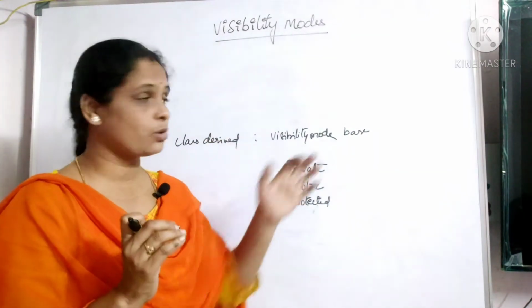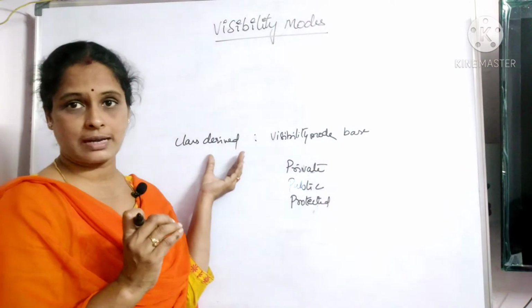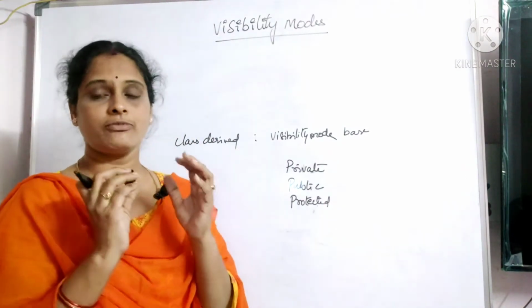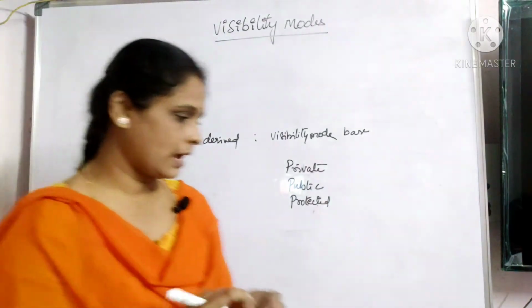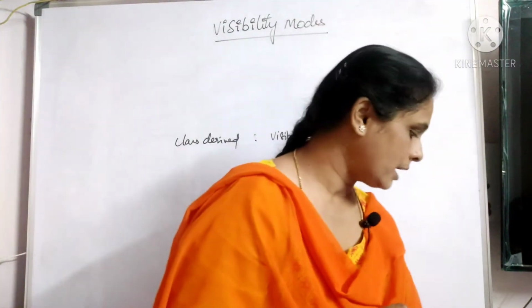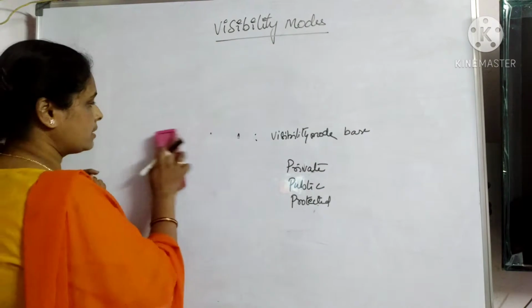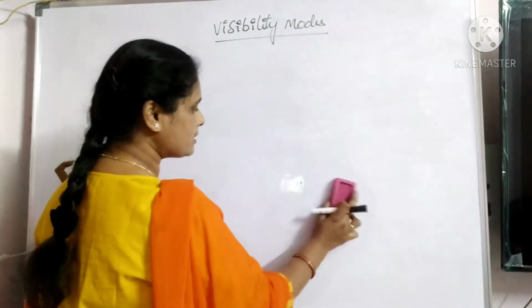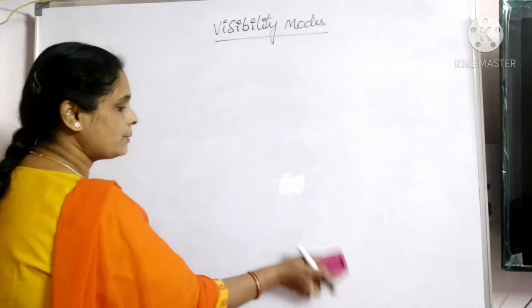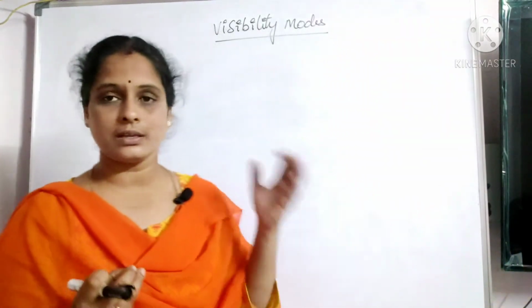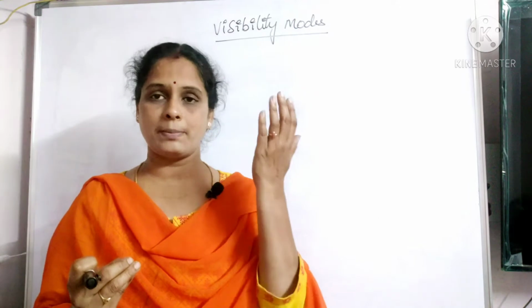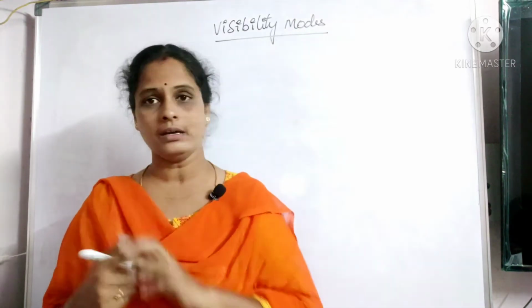So the scope of the base class in the derived class will be decided using these access specifiers only. Now we'll take an example and I'll try to explain clearly what will be the scope of a base class if I have derived it using private, public, or protected.